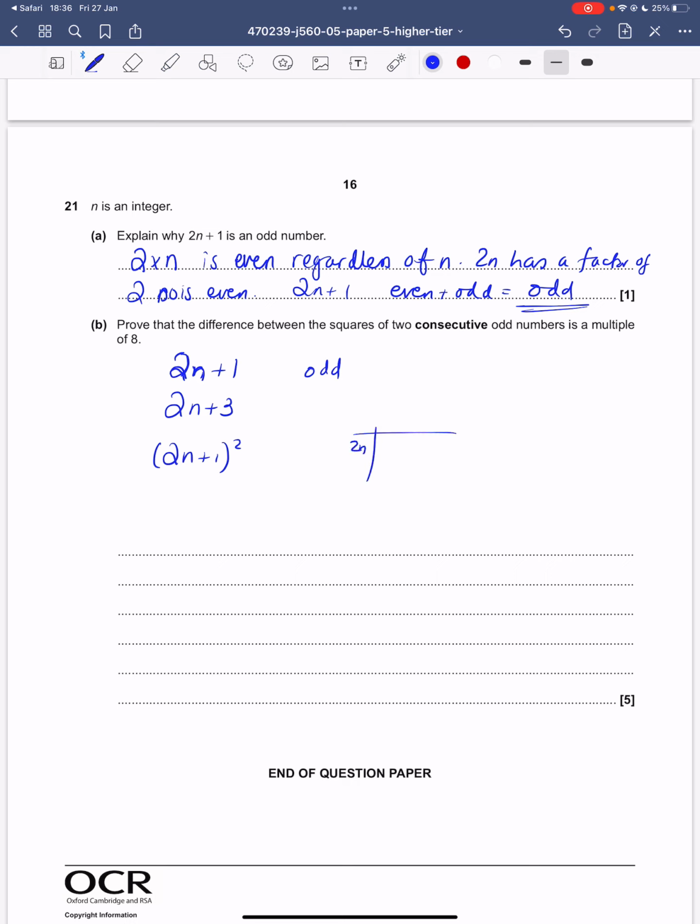So 2n plus 1 squared is 2n plus 1 times 2n plus 1. 4n squared, 2n, 2n, 1. So 2n plus 1 squared is 4n squared plus 4n plus 1. And then the next one, 2n plus 3 squared: 4n squared plus 6n, that's 6n again, and that's 9.